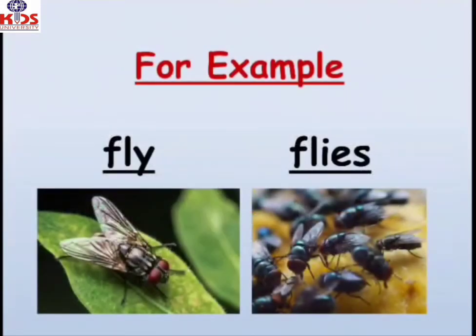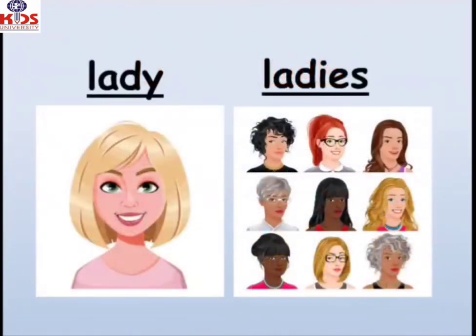You will understand this with the following example. The singular noun fly ends in y and the plural form of fly is flies. We have added ies in its plural form instead of y. We say lady in singular form and ladies in plural form.